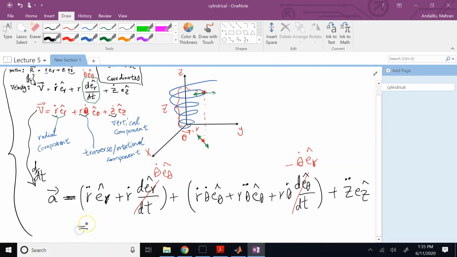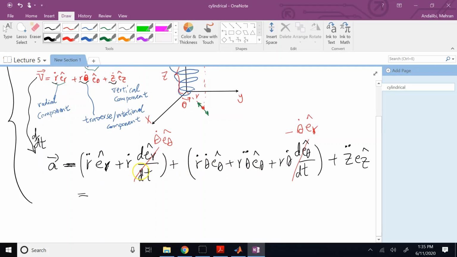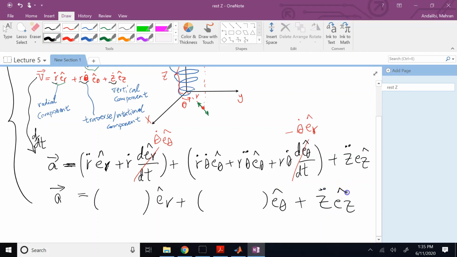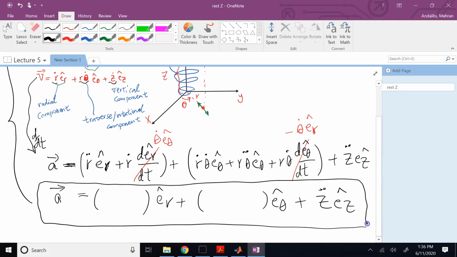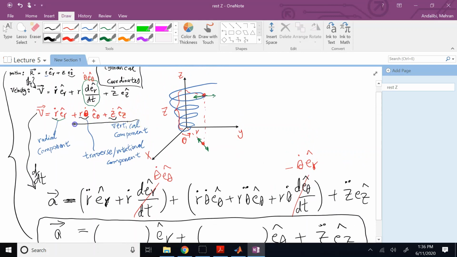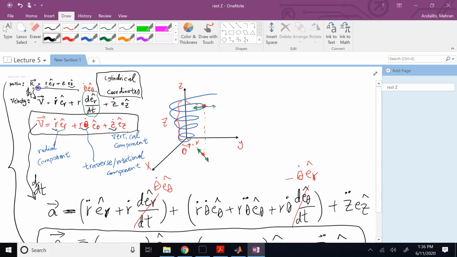So now, if you look, some of these components have er in them. Let's factor them out. Some of them have e theta in them, and one has ez in it. So we want to get this important formula for acceleration in this component form, and we also had an important formula for velocity and one for position.